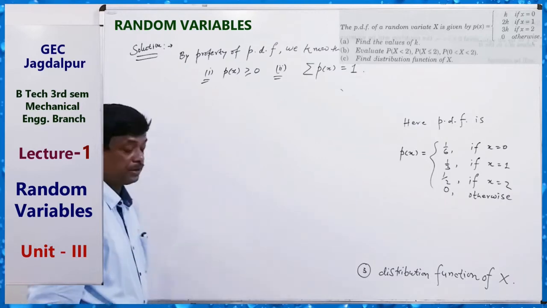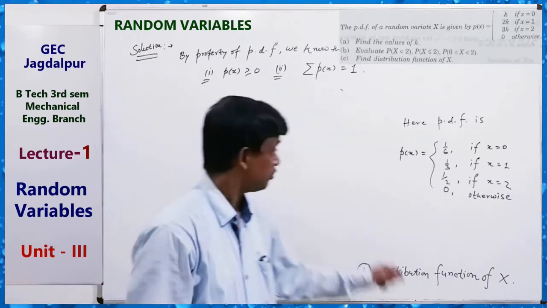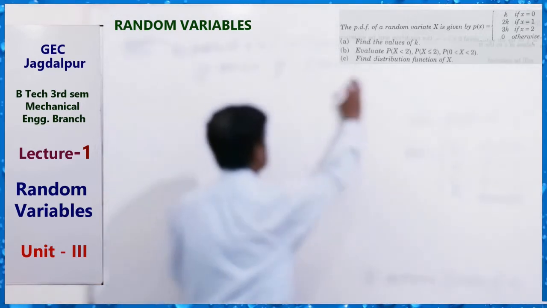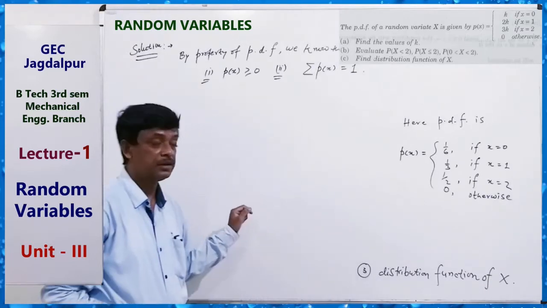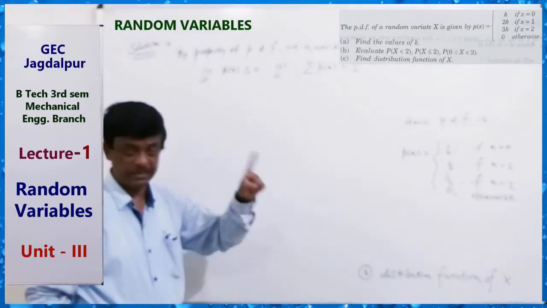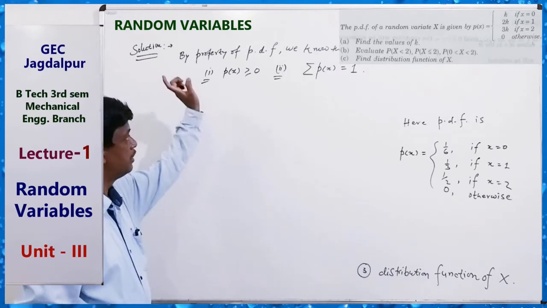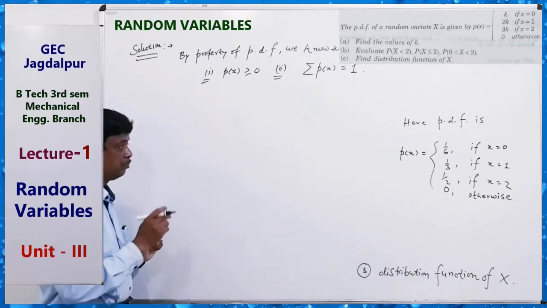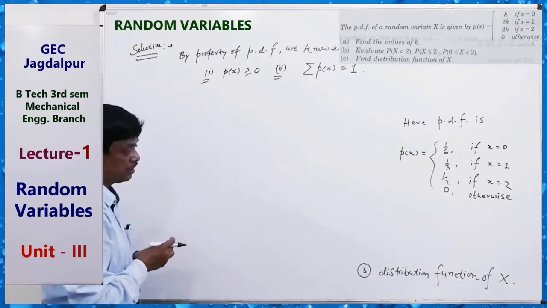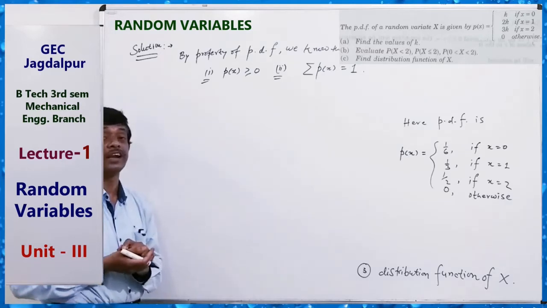Clear? So here we know the probability density function, and the distribution function of the random variable.